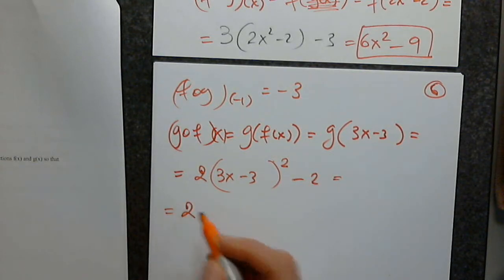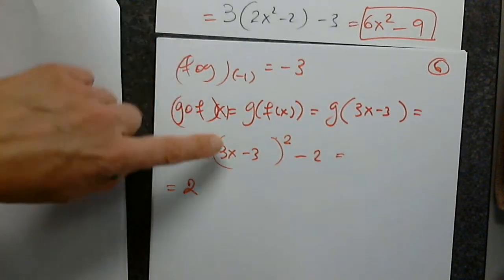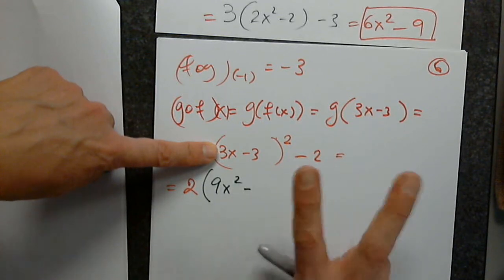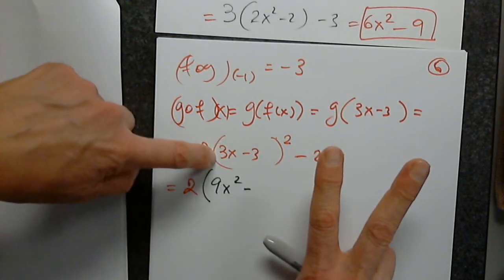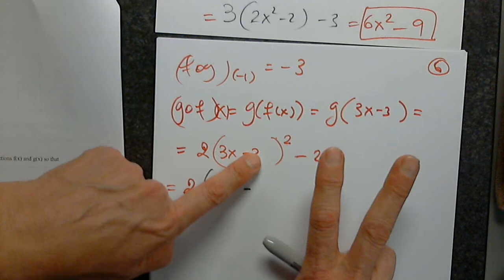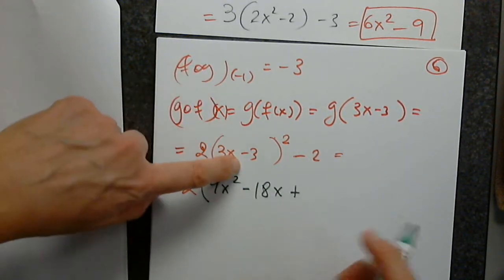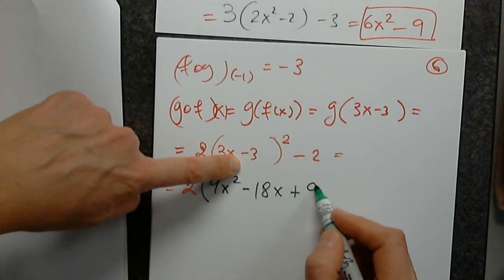So 2 outside. Can anyone expand 3x minus 3 squared for us? And let me refresh your memory. How many terms will you give me? 3 terms, thank you. First term squared, minus 2 times 3 times 3, which is 18x, and plus the second term squared.